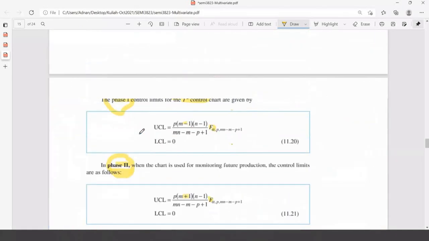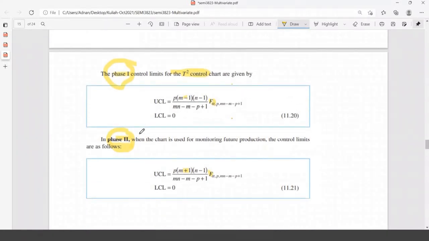The phase 1 control limit has a negative here. In phase 2, when the process is stable, you remove assignable causes and eliminate the root cause of the instability. We revise the control limit, but the method of using it is this, from negative become positive. The rest are the same. Okay, this one we have to see from the table, in the F table.